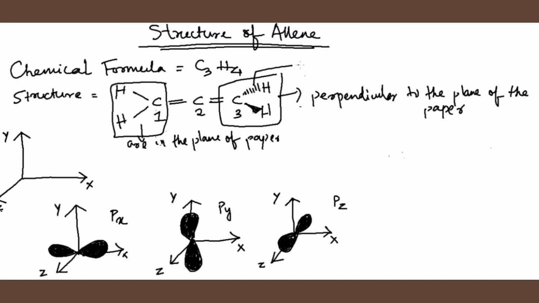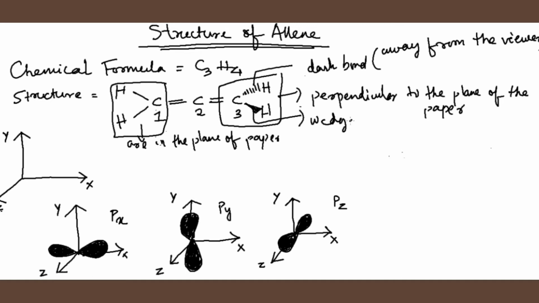This is the dash bond, which means the bond is away from the viewer. And this is the wedge bond. That means it is towards the viewer.